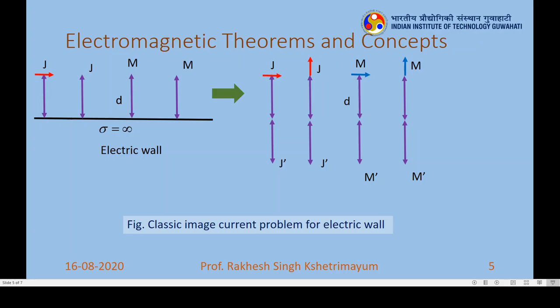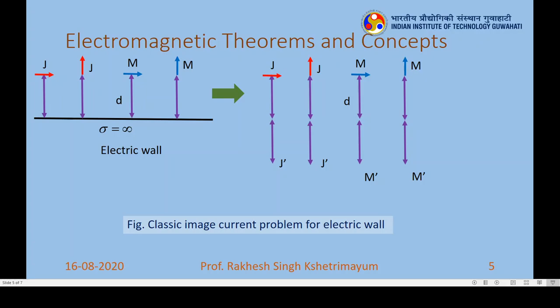First source is a horizontal electric current density shown by red arrow here. Second is a vertical electric current density, and third one is the horizontal magnetic current density, which is shown by blue arrow here, and we have vertical magnetic current density, which is shown by blue color arrow here. So J is the electric current density, M is the magnetic current density.